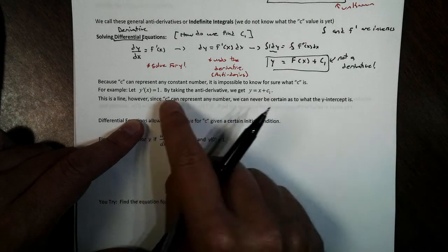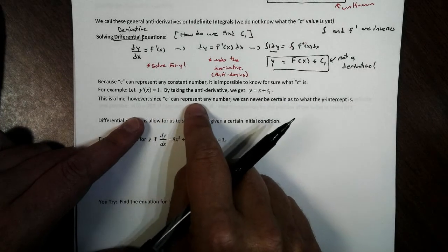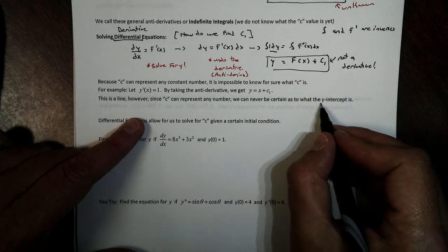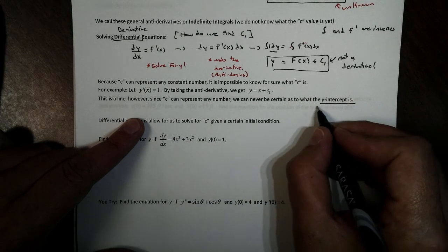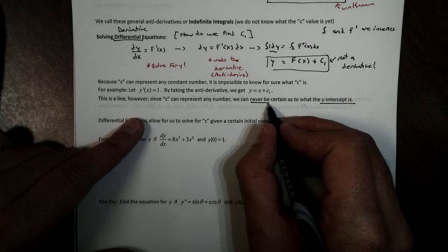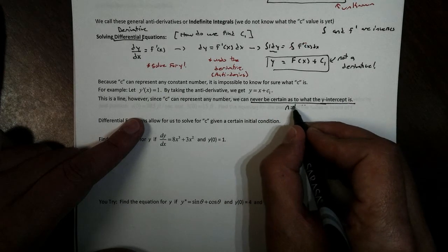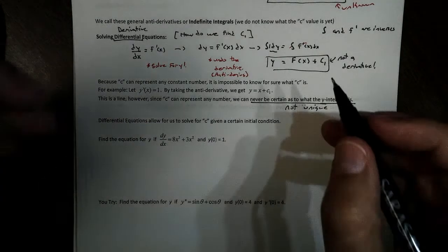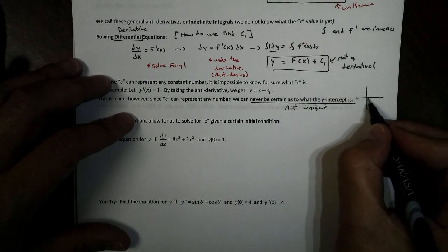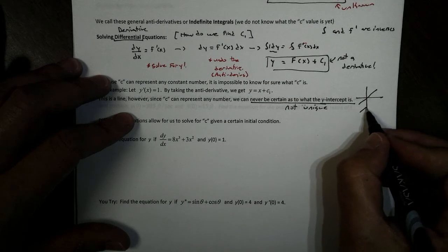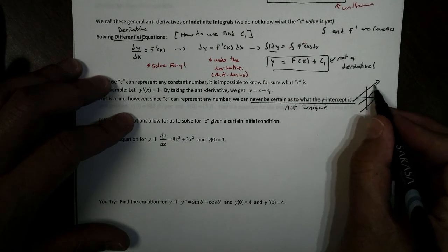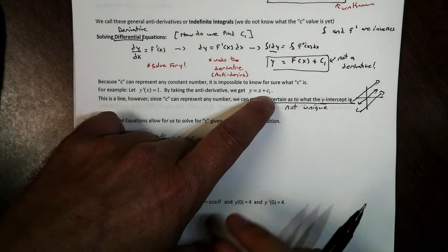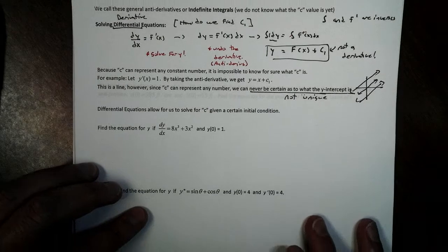This is a line. However, since C can represent any number, we can never be certain what the y-intercept is. So in other words, since we can never be certain, we say this is not unique, because there can be infinitely many of them. I can draw a bunch of them. Here is just y equals x minus 1, y equals x plus 1. And we can have infinitely many lines, for whatever C can be.